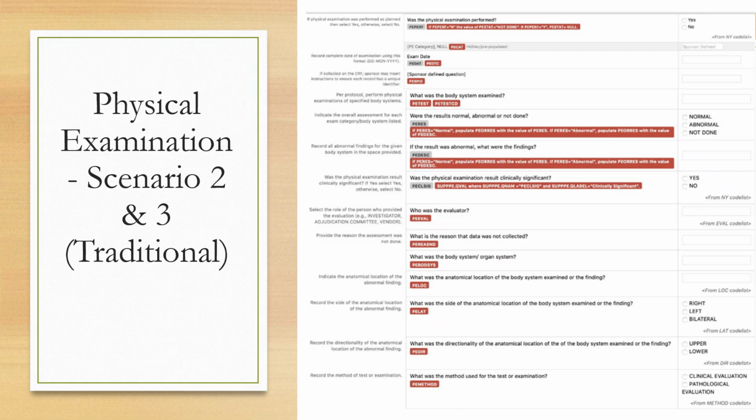So this is the CRF form traditionally used for scenario 2 and 3. But again, please make sure you understand that if you are using scenario 3, then this form will be used only for the baseline assessments, because in scenario 3, all the post baseline assessment will go in your AE domain.